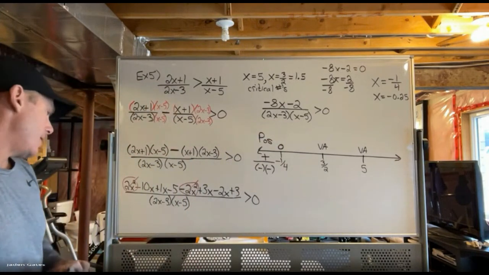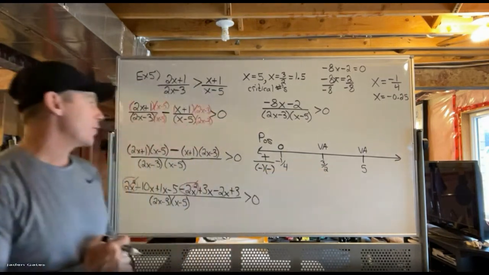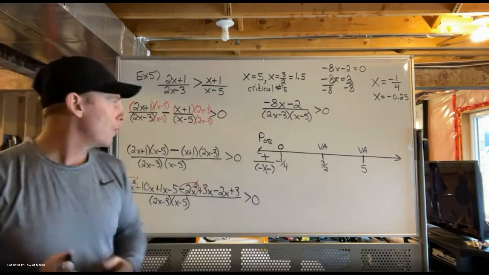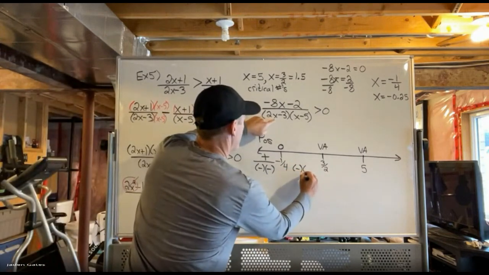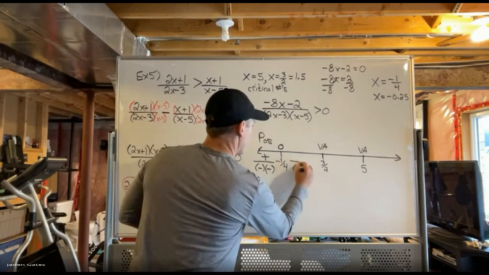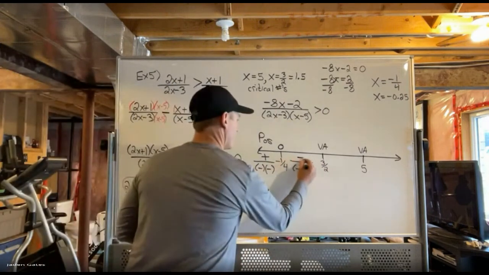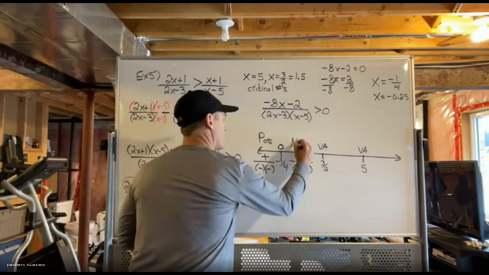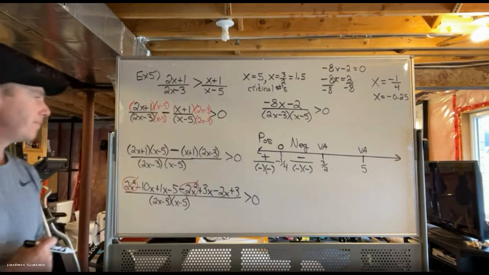Next up, a number between -1/4 and 3/2. So the best one is 0. Put a 0 in here, that's a negative. Put a 0 in there, that's a negative. And put a 0 in our numerator, that's a negative. So in this particular interval, it looks like our values will be negative.